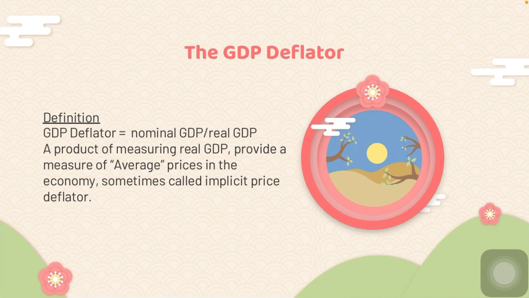However, as GDP rises and falls, the metric doesn't factor the impact of inflation or rising prices into its result. The GDP price deflator addresses this by showing the effect of price change on GDP. First, by establishing a base year, and secondly, by comparing current prices to prices in the base year.